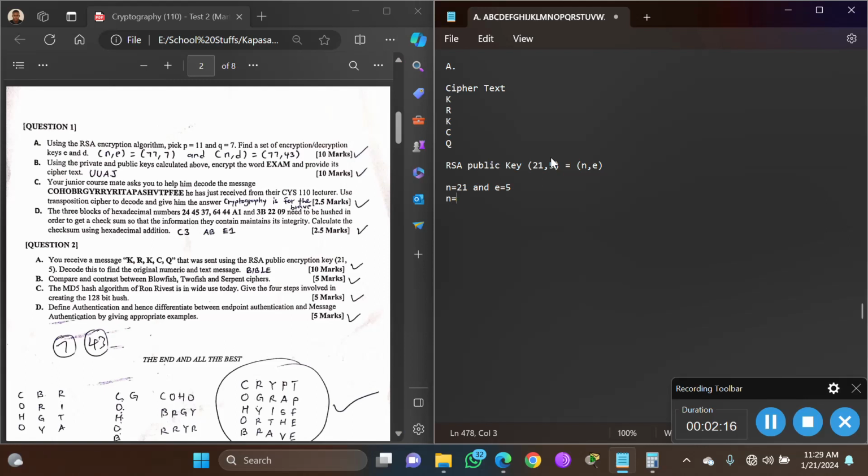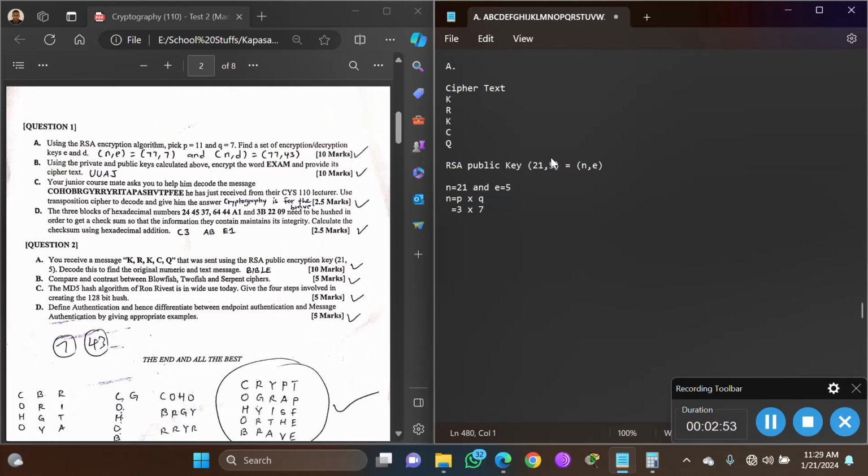N is calculated by P times Q. If N is equal to 21, what numbers can we multiply to get 21? We have 3 times 7, or 1 times 21. But remember, we want the more unique, bigger numbers, not 1 and 21, but 3 times 7.